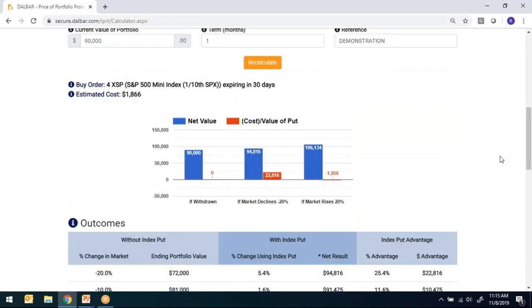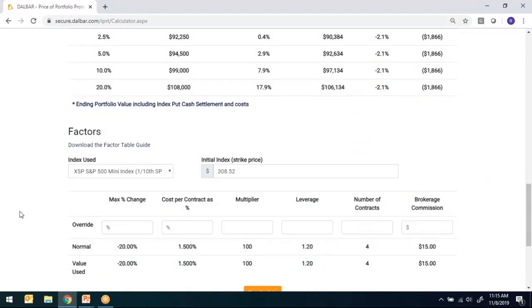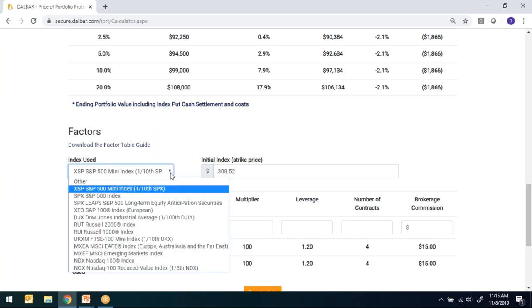So again, in this case, we defaulted to the S&P 500 mini index. But let's assume that the client had a more small cap oriented portfolio and more tech stock portfolio. If we come down here, this is where we can change many of the factors. The first is the index that's used.